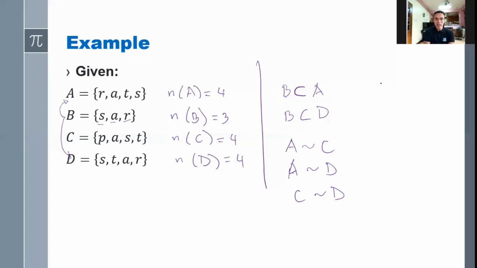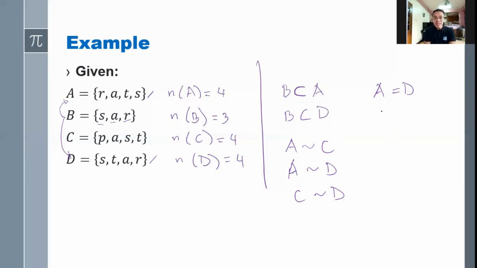Another one, A is equal to D. A is equal to D because set A and set D have the same cardinality. At the same time, they contain the same elements. Okay?